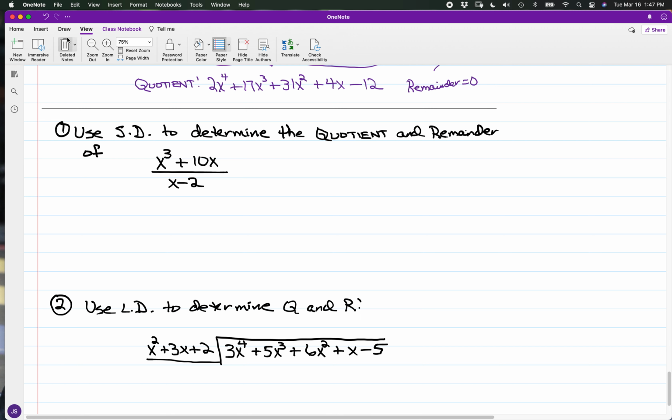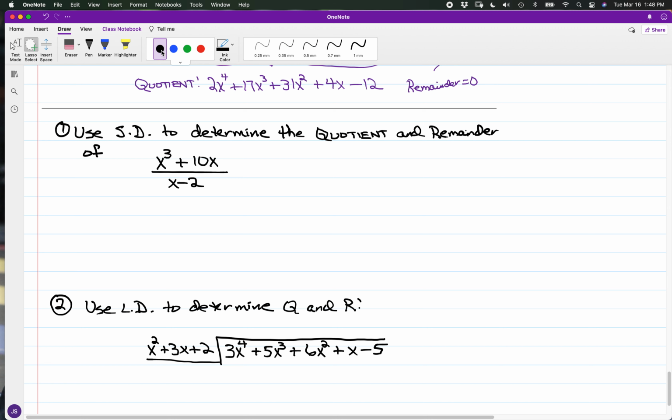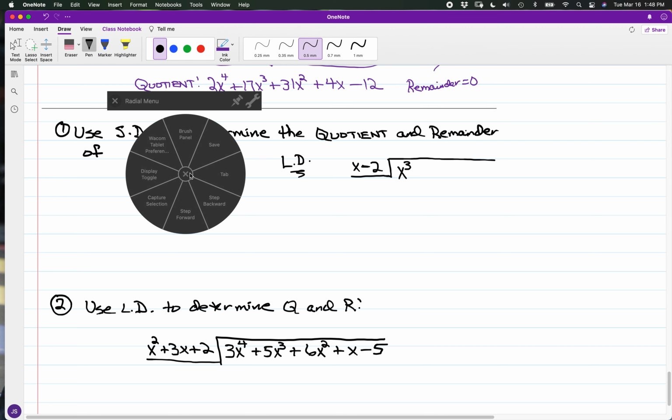For the first item, we're using synthetic division. From the vantage point of a long division setup, you're taking x minus 2 into x cubed plus 10x. I'm using the long division setup in case I'm missing any degree terms, which I am from the dividend.